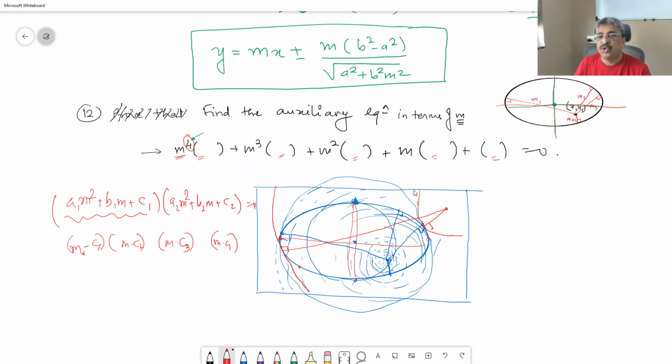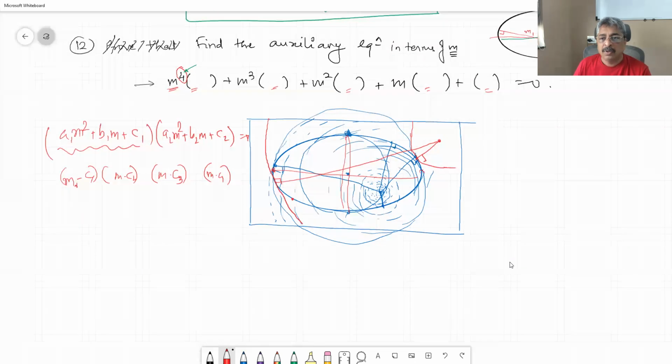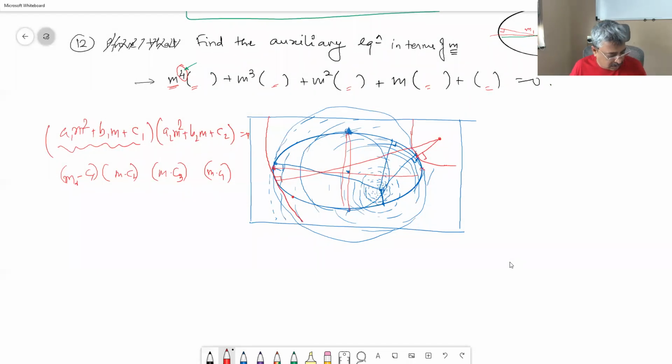Okay, it is a huge calculation. So unless your numbers are good in the given ellipse, calculations are very complicated.